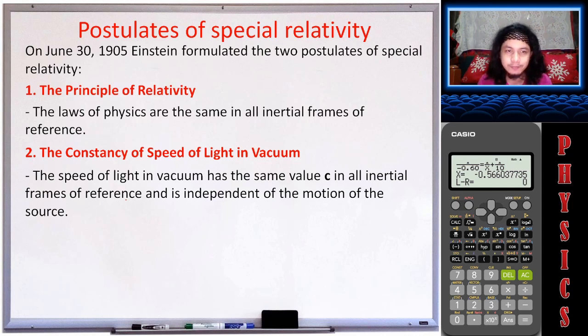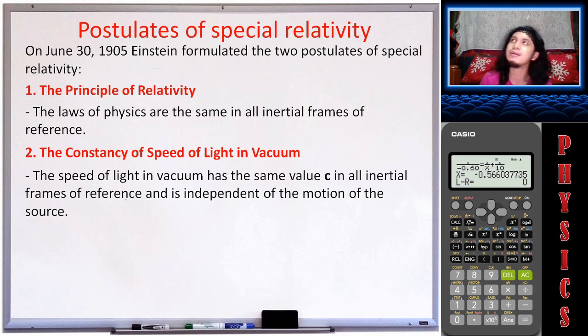And then the second one is the constancy of speed of light in vacuum. Sabi dito, the speed of light in vacuum has the same value c in all inertial frames of reference and is independent of the motion of the source. So tatandaan natin yan, yung speed of light daw ay same value of c in all inertial frames of reference.